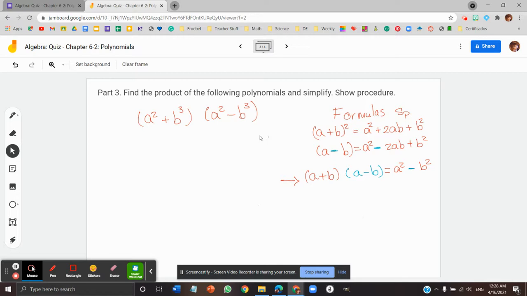They're both multiplying the same combinations of variables and exponents, except that one is being added, the other one is being subtracted. So I can say that my a is going to be a to the second minus b to the third to the second power.